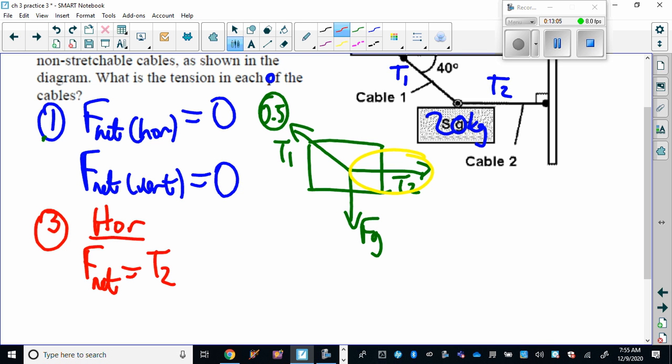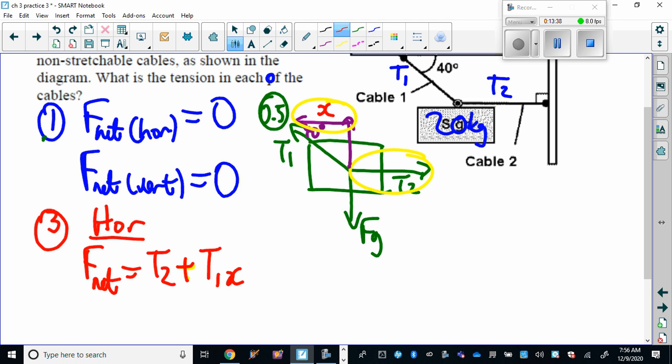The other horizontal vector in this problem would be the horizontal component of this vector here, that's 40 degrees in there. So in other words, this one. We're going to designate that as T1, but the horizontal component of it, so we'll just put an X there.